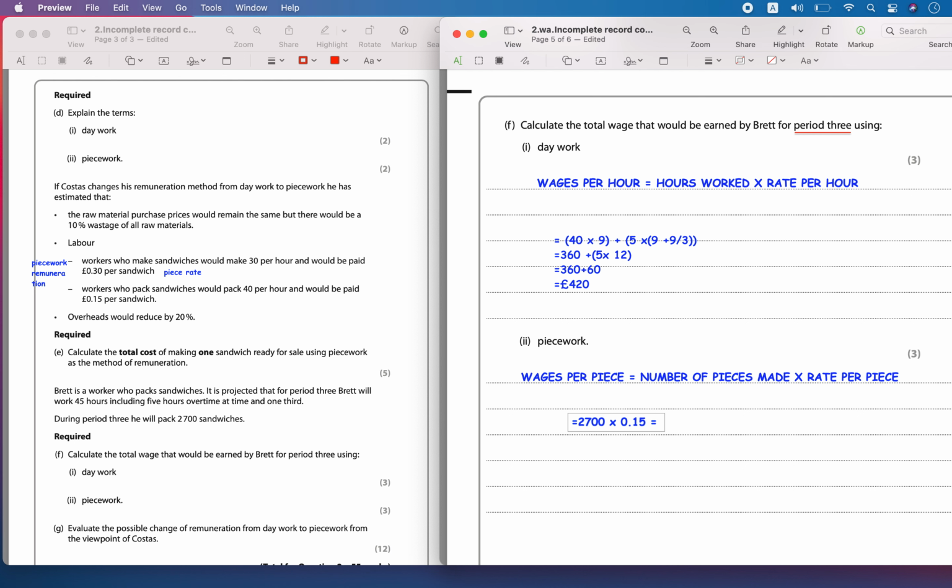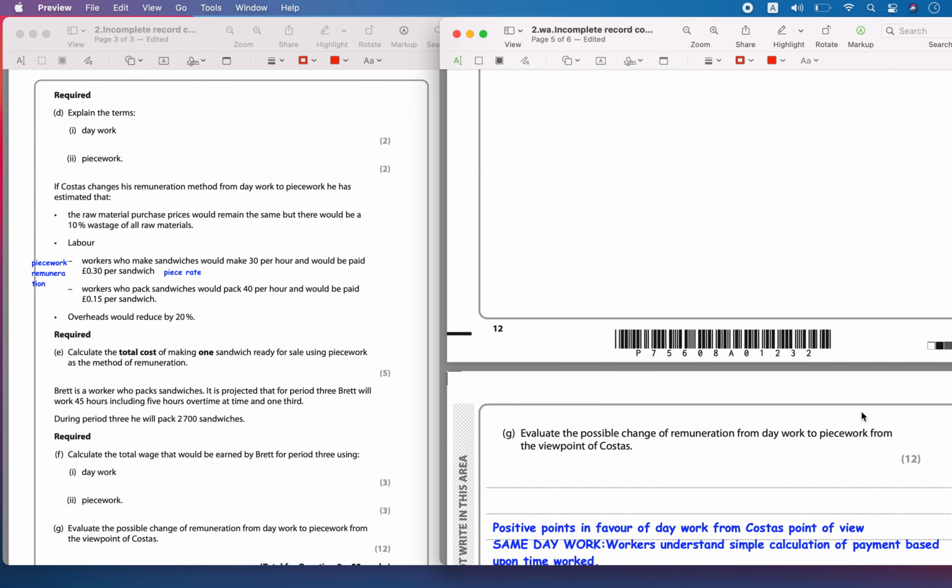So that is equal to 2700 times 0.15, that is 405 pounds. So he will be paid 405 pounds if he gets it for the piecework.